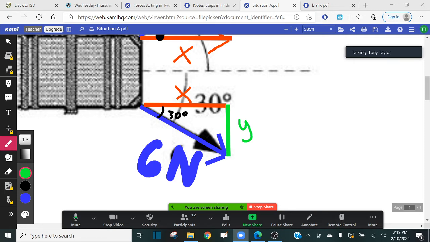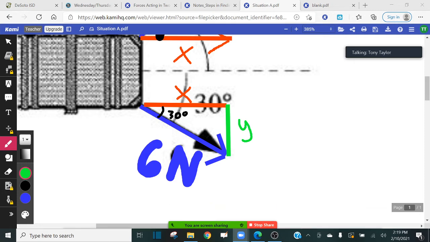Yes, Stephanie, you're right. Stephanie, could you put that in the main chat box? For x and y, guys?